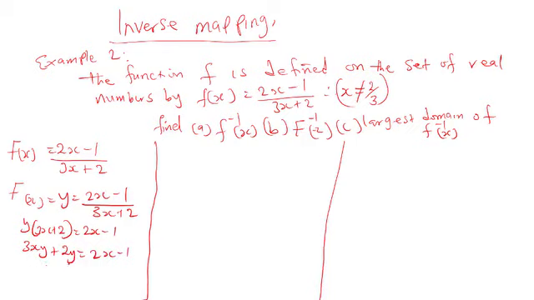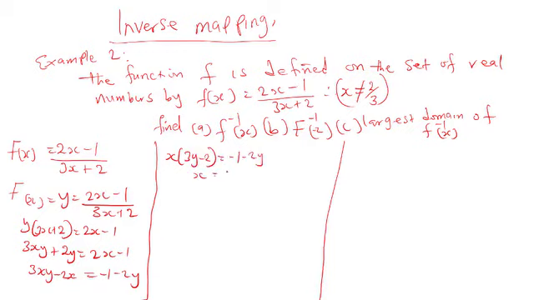Okay, let's take our x terms together. We now have 3xy minus 2x is equal to minus 1 minus 2y. With this, we proceed by writing x times 3y minus 2 equal to minus 1 minus 2y.